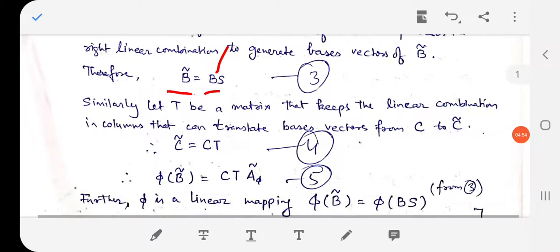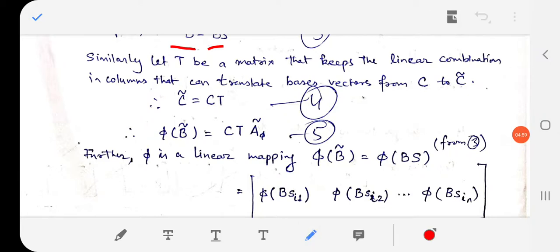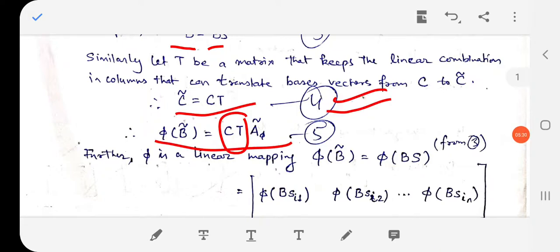Now we have these few equations. Again C tilde is the same thing as the previous one, and we know that phi B tilde is equal to C tilde A phi tilde. Now C tilde can be changed to C with the help of this equation. Now if we do that, we can also go through this way.